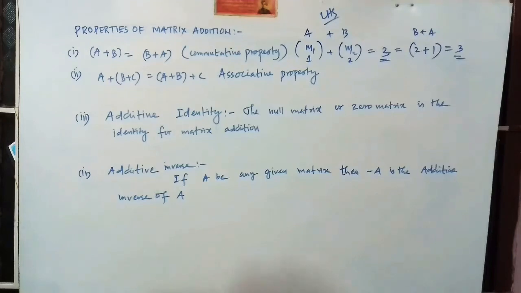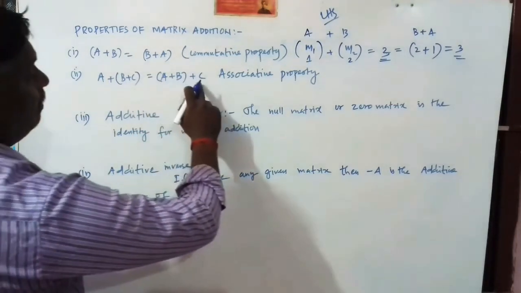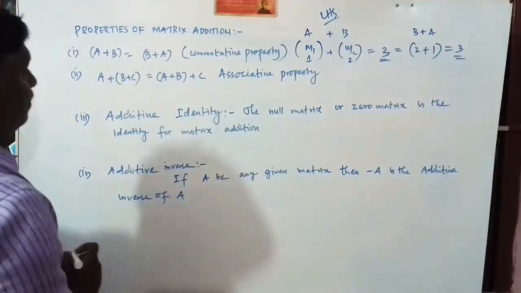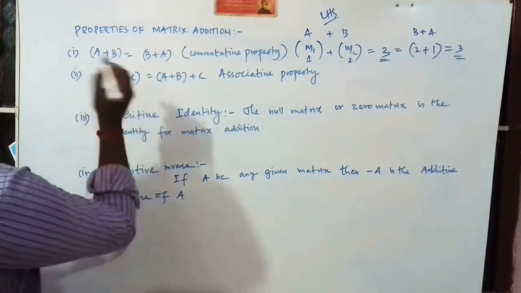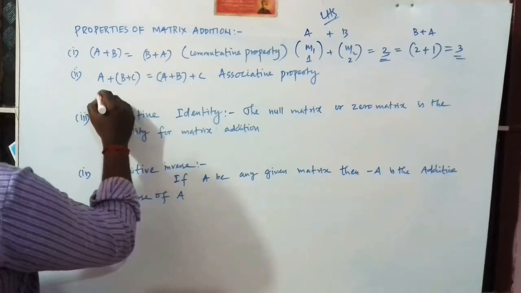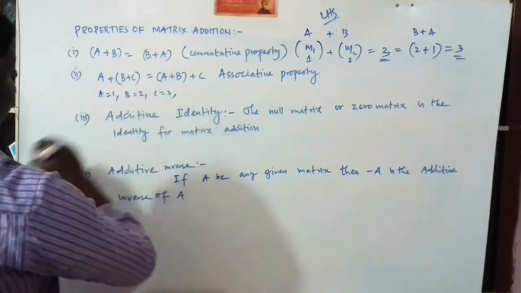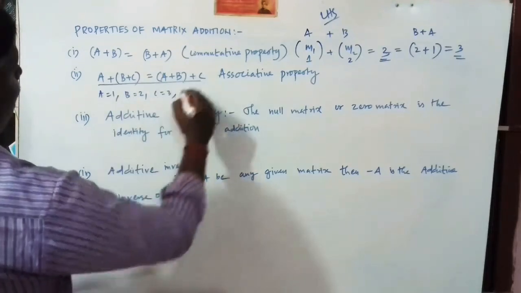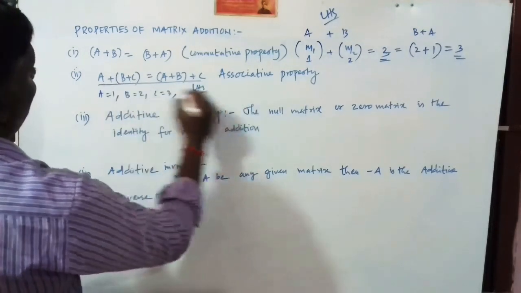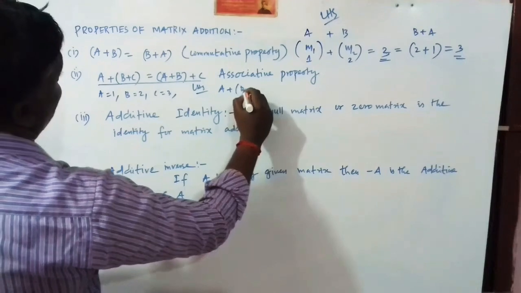Next, the associative property of addition: A plus B plus C equal to A plus B plus C, grouped differently. Now let us substitute some values: A equal to 1, B equal to 2, and C equal to 3. LHS: A plus (B plus C).